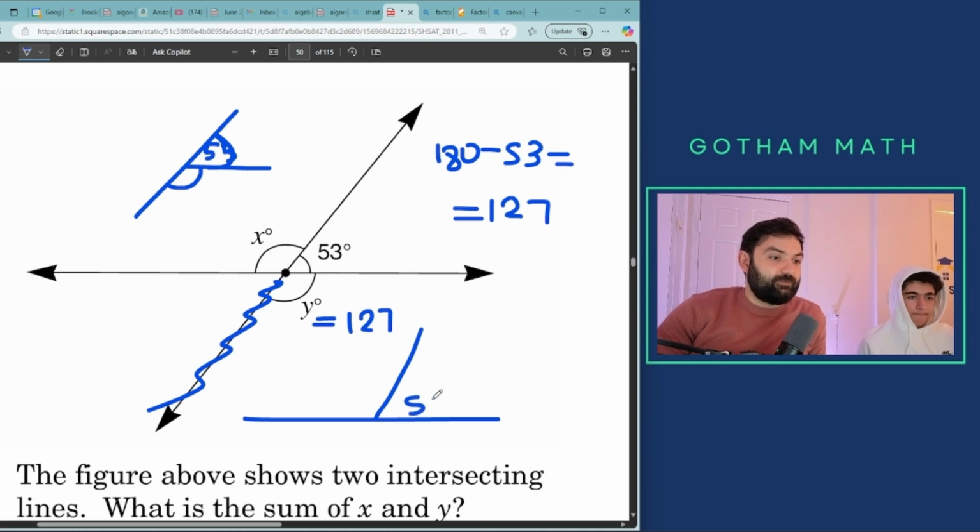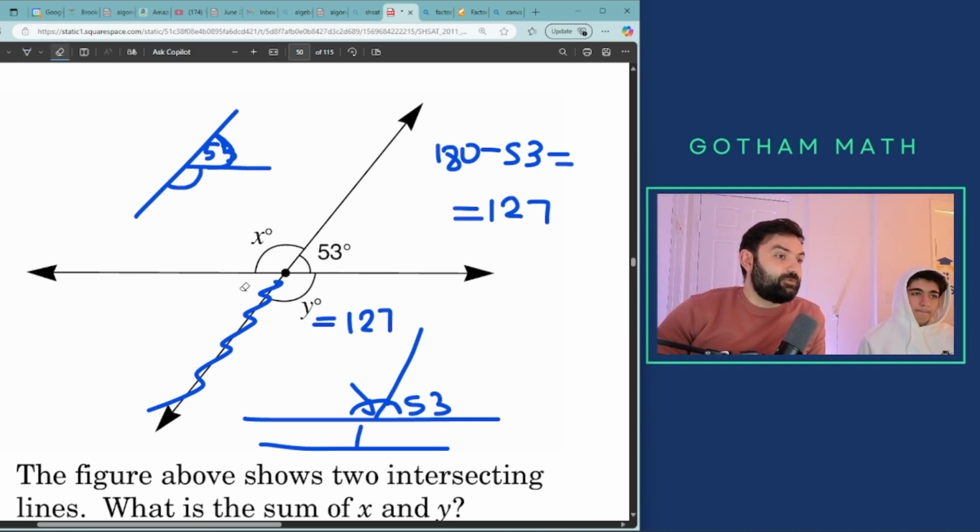If this angle is 53, then this angle, with the one that we know, must add up to 180. Basically, a straight line is 180 degrees, and if you split it, both sides must add up to it. So x is also going to be 127.